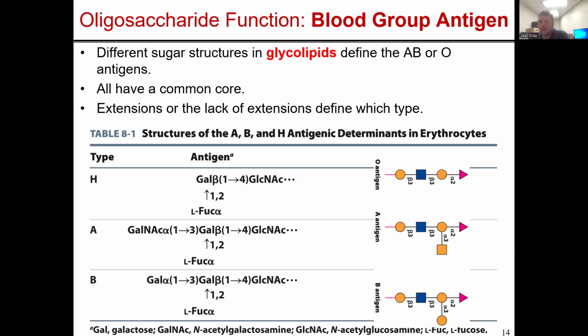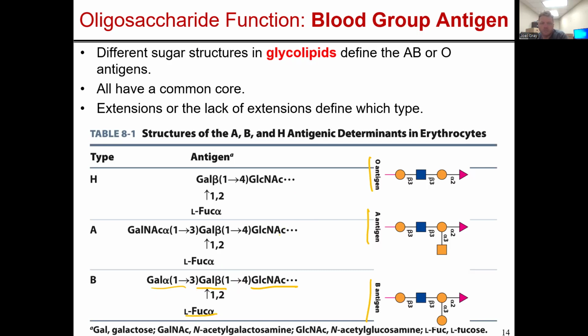So depending on the network or the complexity of the sugar, that's going to designate a sugar as an O, A, or B antigen. So the B antigen, for instance, is going to be GlcNAc, galactose, and then a fucose.